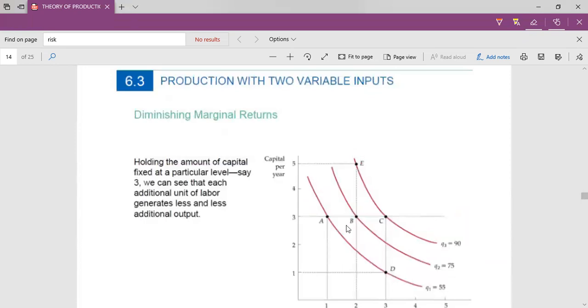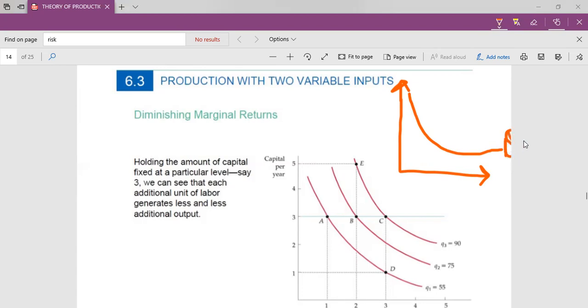So these curves that you see here, that curve that you see there is called an isoquant.